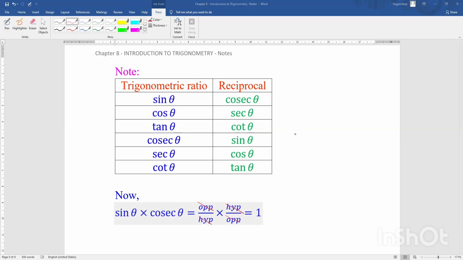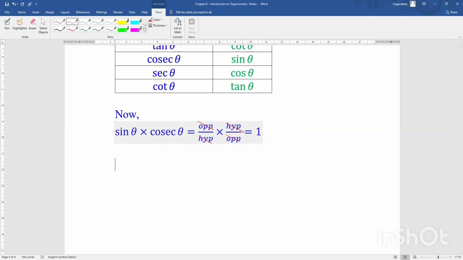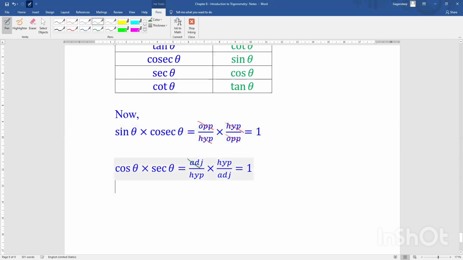And then we have the next one. Similarly, we have cos theta into secant theta. Even this also, you will get it as 1. So here also show the cancellation. So adjacent gets cancelled, hypotenuse gets cancelled. You get it as 1. Okay.